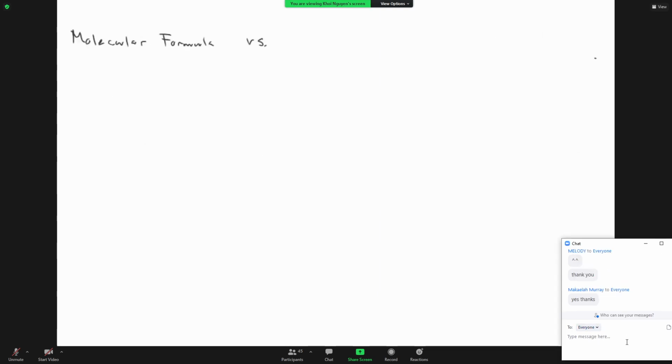So, molecular formula versus empirical formula. Because we're going to use the stoichiometry to figure out what the empirical formula is and then postulate what are some possible molecular formulas, right? This is what you did in Chem Lab before.